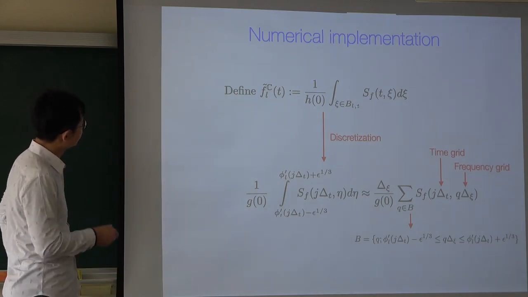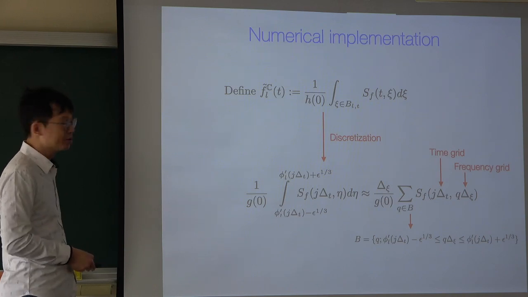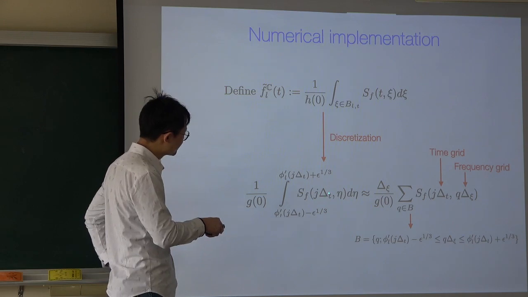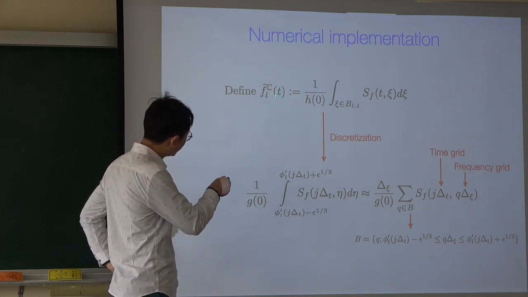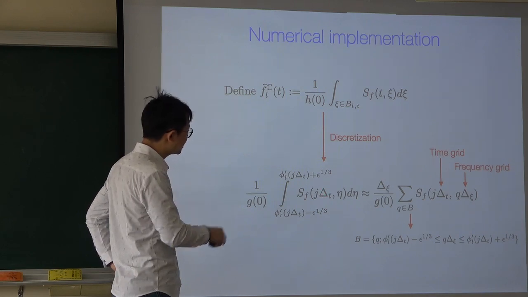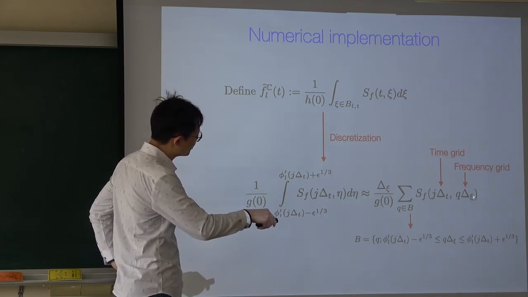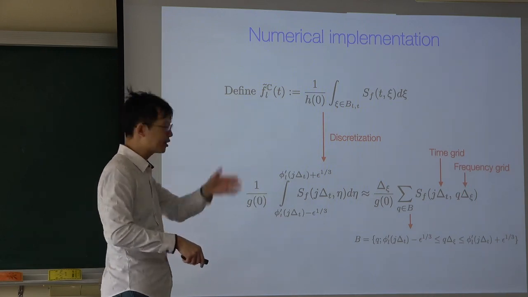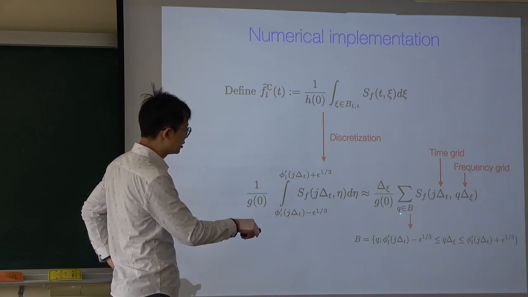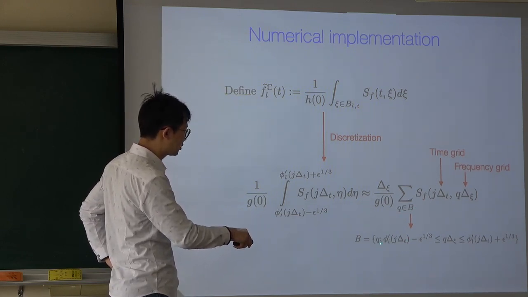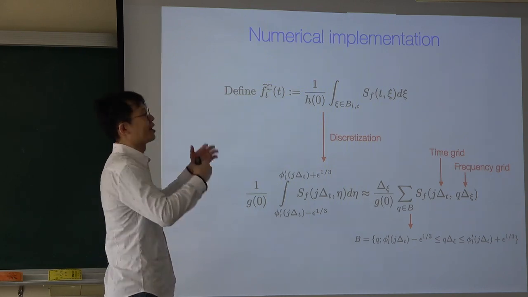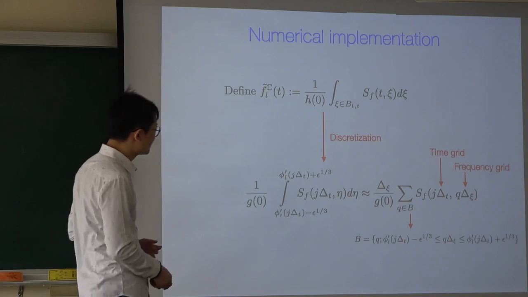And this is the numerical implementation, which is actually very simple. You just do whatever we discussed before by direct discretization. For example, in time, you discretize by the uniform grid delta t, and in the frequency axis, you have discretization with the grid delta xi, and you have the summation over B, and this B is around the ℓ-th IMT function's instantaneous frequency.